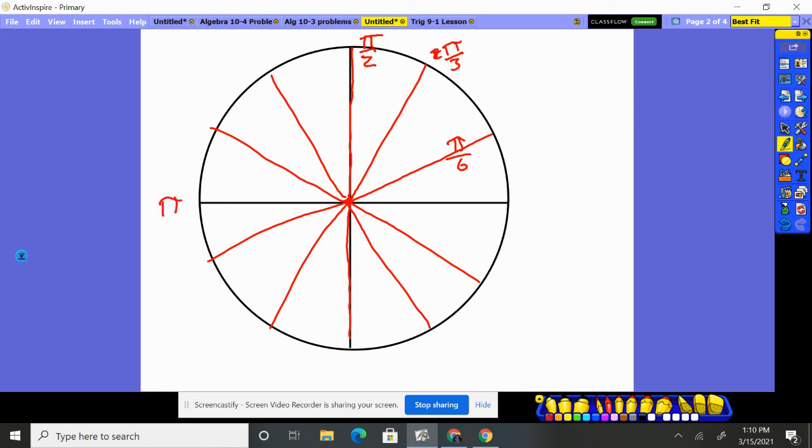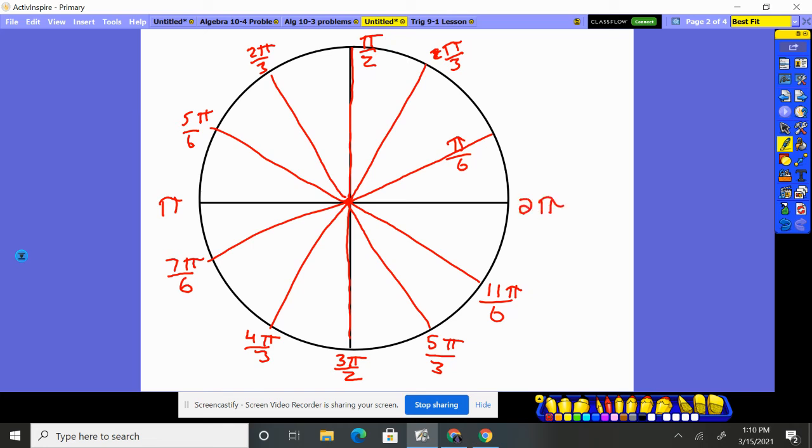Here would be 3/6, 4/6, which simplifies there, 5/6, 6/6. Then here would be 7/6 pi, 8/6, which simplifies to 4 over 3, 9/6, which simplifies to 3 pi over 2, 10/6, simplifies to that, 11/6 doesn't simplify, 12/6, which is just 2 pi. We've made it all the way around.